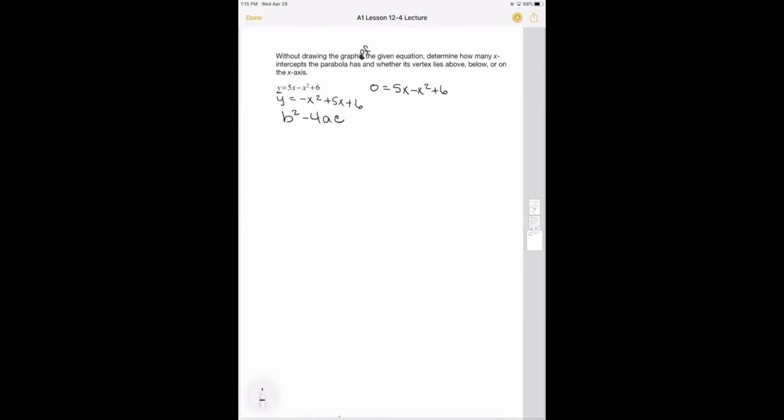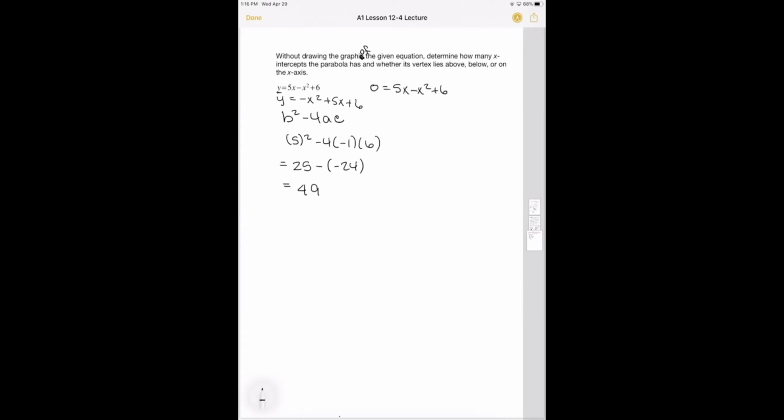Now, b is 5, so I'm going to have 5 squared minus 4 times negative 1 times 6. So I'm going to get 25 minus, well, 4 times negative 1 times 6 is a negative 24, and so I'm going to get 49. Okay, my discriminant is 49. Now, what does that mean?